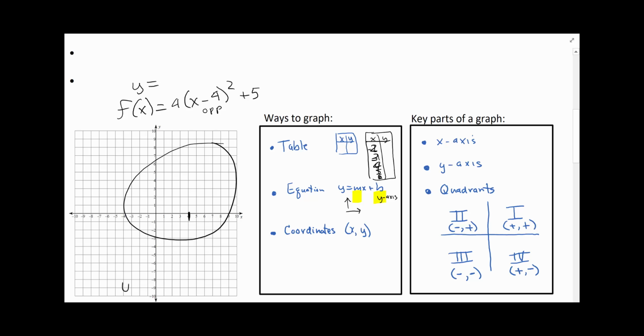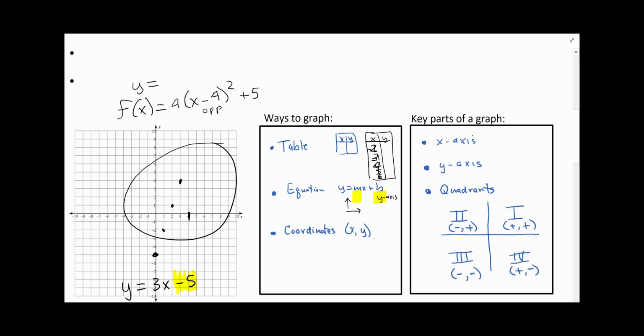So if you have y is equal to 3x minus 5, you're going to start down here at -5, because that's the b value, and this tells us our slope, up 3 over 1. So up 3, over 1, up 3, over 1, up 3, over 1. Then you have enough points to go ahead and connect those points and draw a straight line.